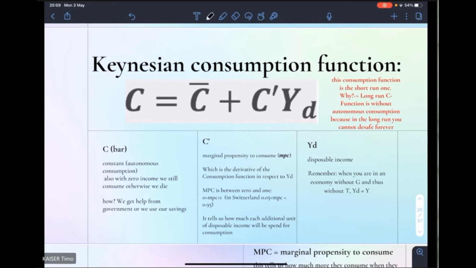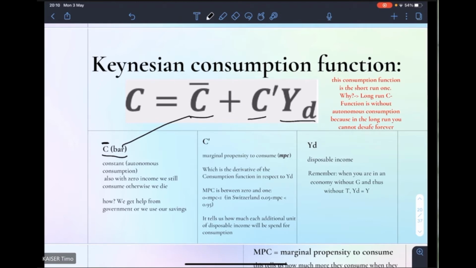But now we have a whole consumption function that consists of C bar, C prime, and of course, disposable income. C bar, which would be this element, is a constant autonomous consumption. It's what we consume no matter how much we earn, because we need to consume this amount anyway, otherwise we would die.